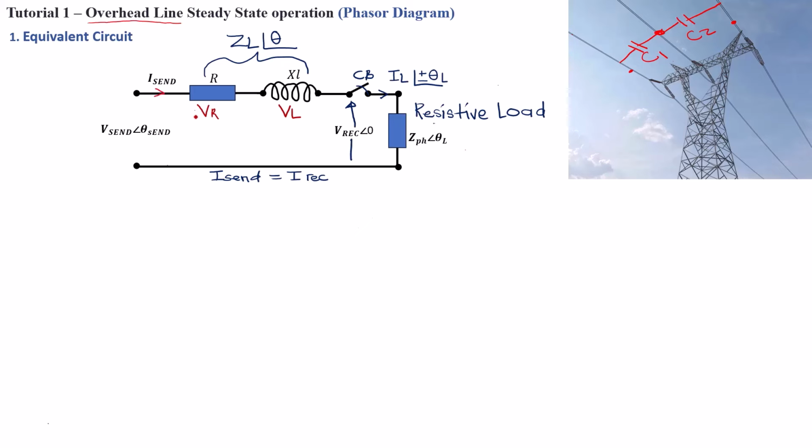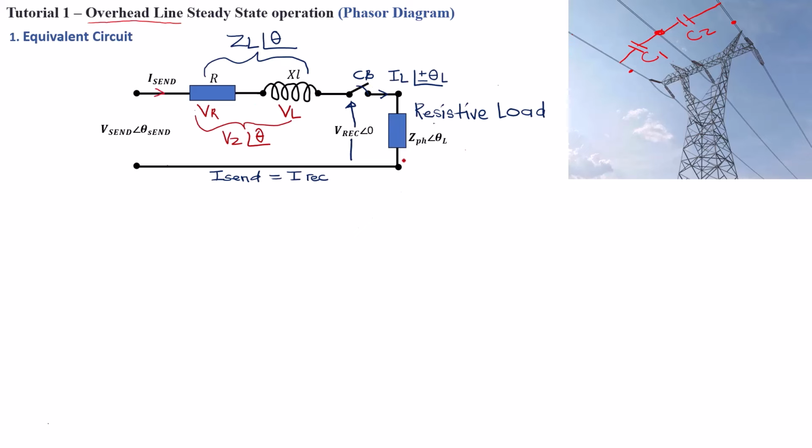Together these combine to give VZ, the total voltage drop across the transmission line, which is VR plus VL, and this will have an angle that we can calculate while working this type of problem.